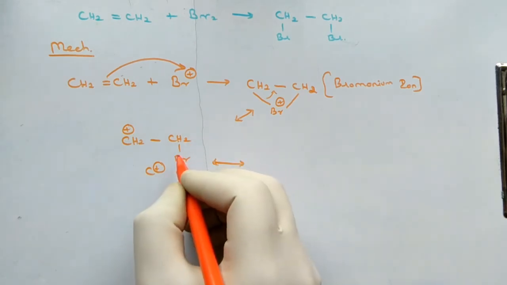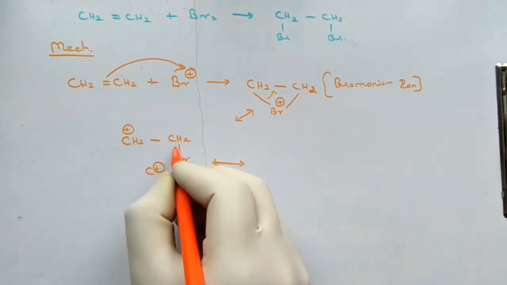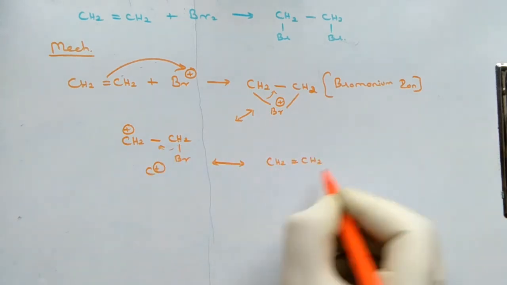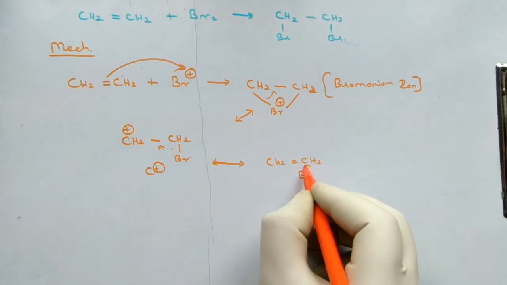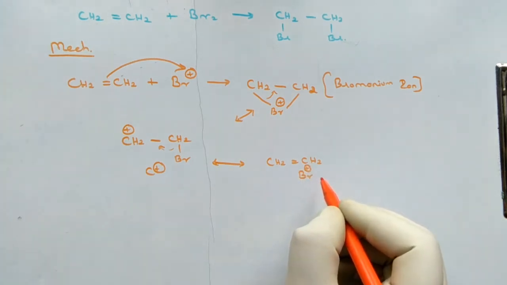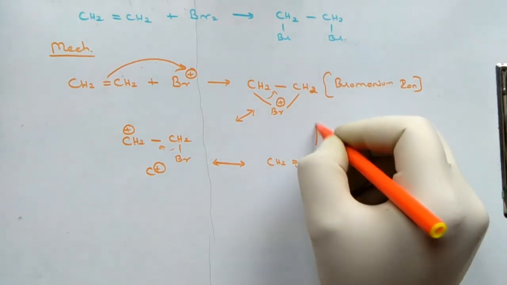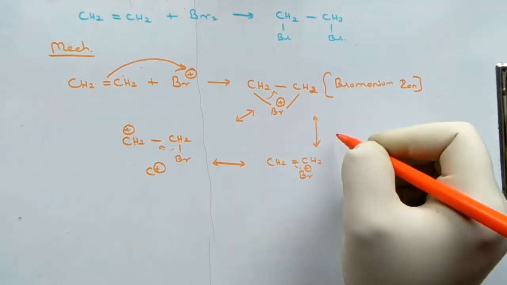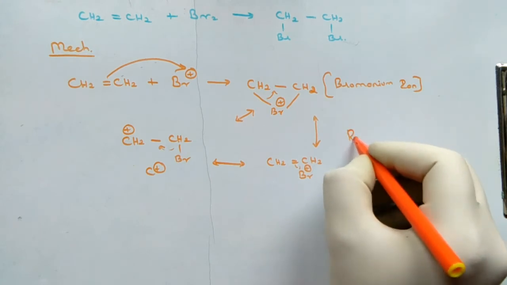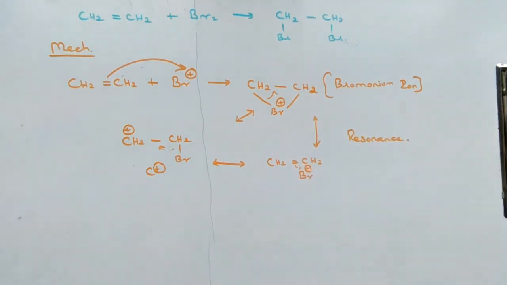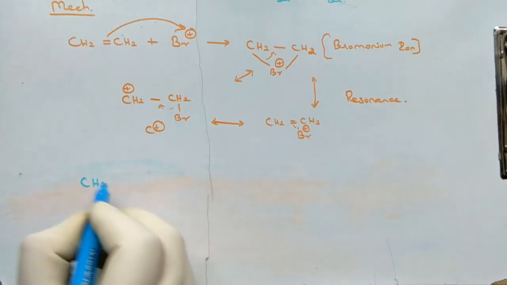Due to that, an unstable intermediate will form. Again, due to resonance, we will get the initial product, that is the bromonium ion. By resonance, these intermediates are stabilizing themselves.